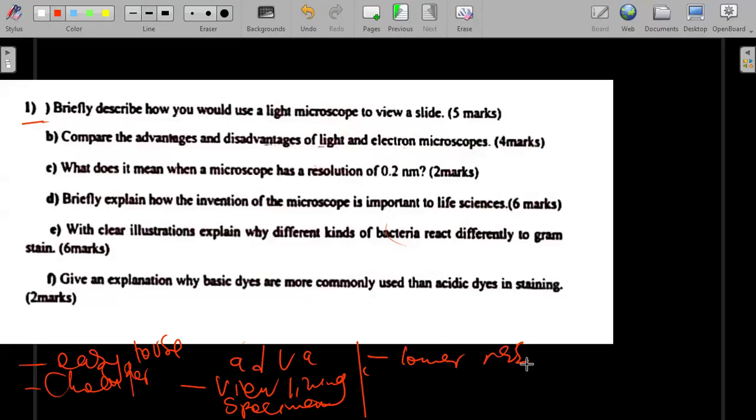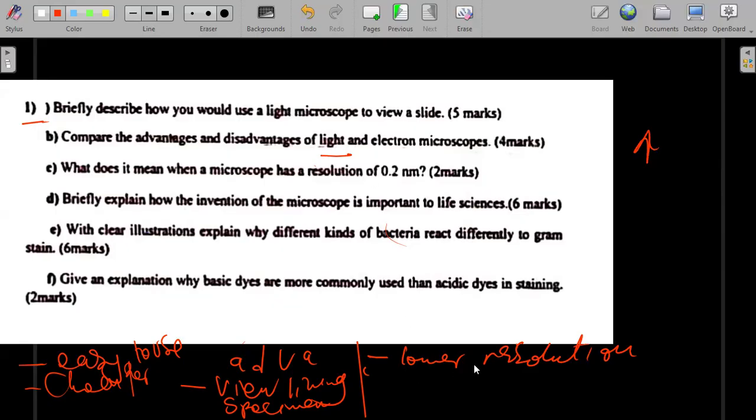Remember, we related resolution to how visible things are. We said the higher the resolution, the better the image, isn't it? So this light microscope has lower resolution. That's one of the disadvantages.